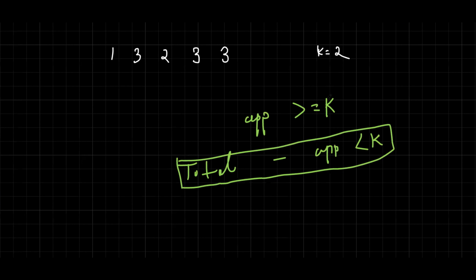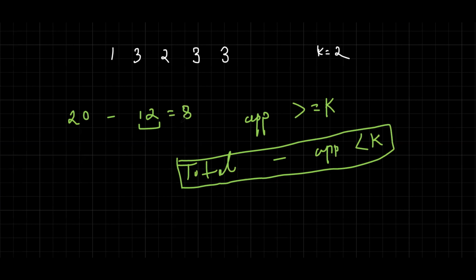Let's understand this algorithm numerically. Suppose in this problem, the total number of subarrays is 20. Let's assume it is 20. And the number of subarrays where the frequency of element 3 is less than k is 12. So if we subtract 12 from 20, we will get 8.